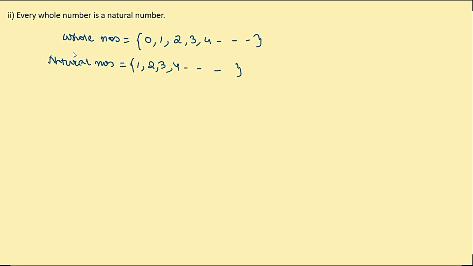Okay, so if you look carefully into the list of whole numbers and natural numbers, you see that 0 is not included in the set of natural numbers. So 0 is a whole number. So since 0 is a whole number, 0 is not a natural number because 0 is not included within the natural numbers.